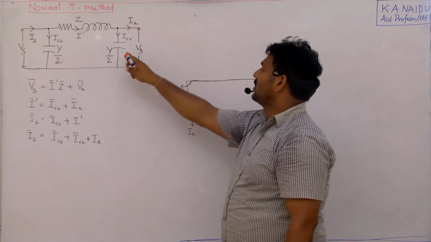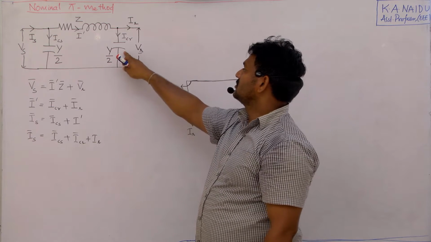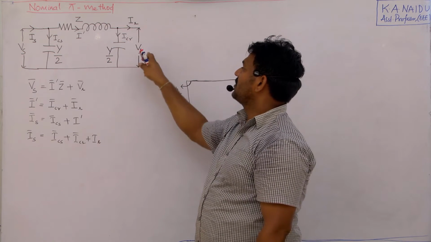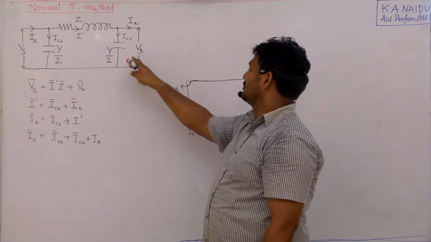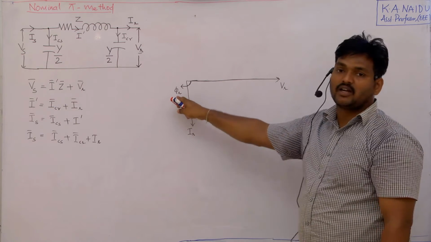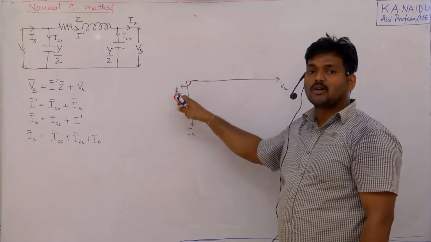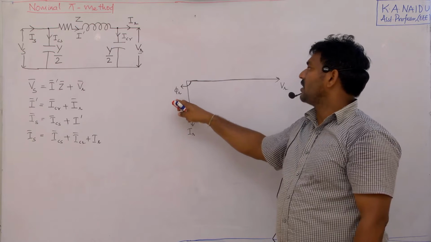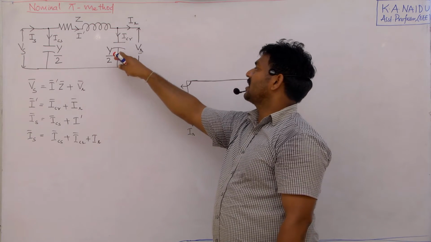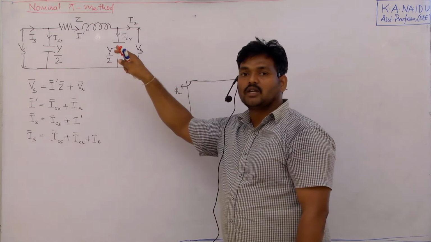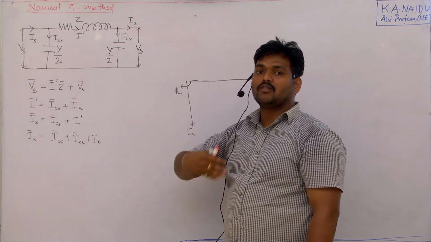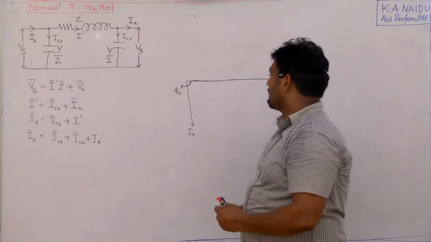Now the voltage across this capacitor is same as receiving end voltage. This angle is phi r, the power factor angle at the receiving end. So ICR is the current flowing through this capacitor. We know that in a capacitor the current will be leading the voltage by 90 degrees.